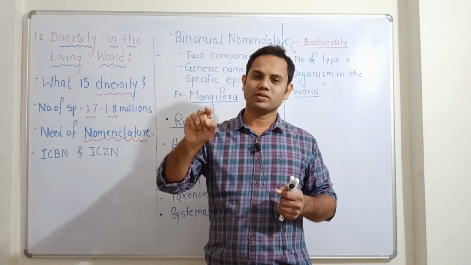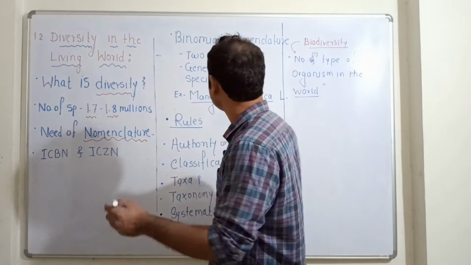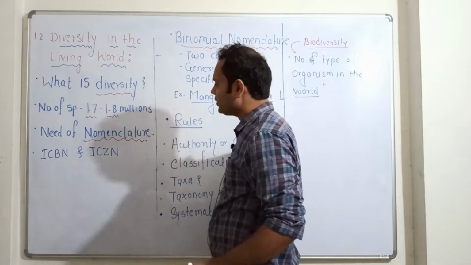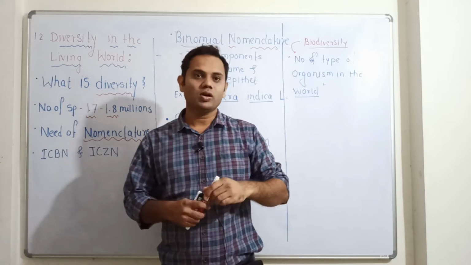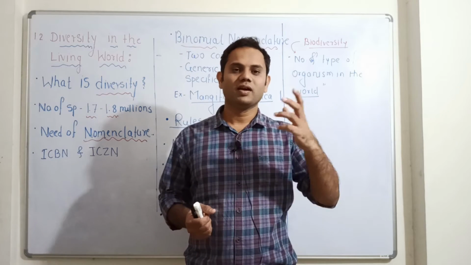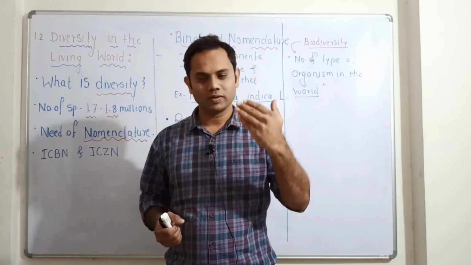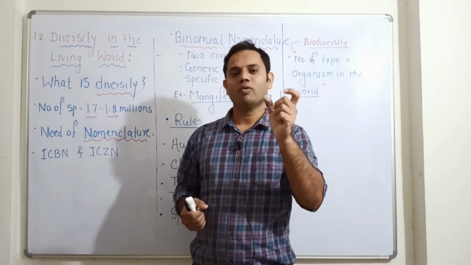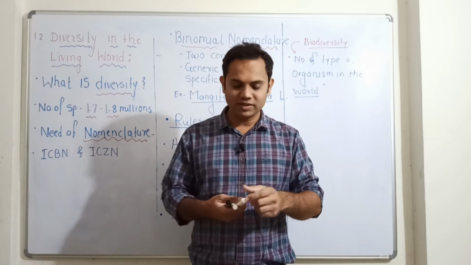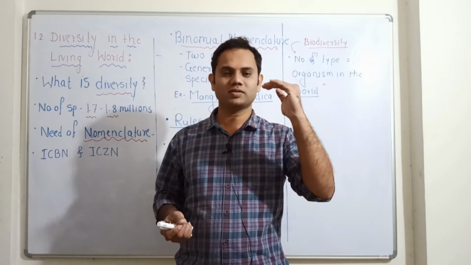And the most accepted system for that is binomial nomenclature. What is that? There are certain organizations or institutes which decide certain criteria, or principles, for giving names to particular plants or animals.